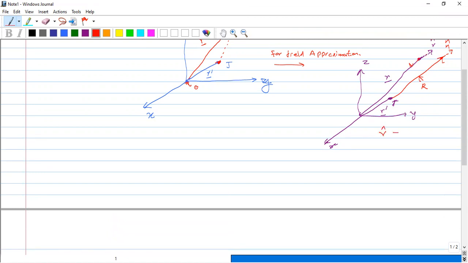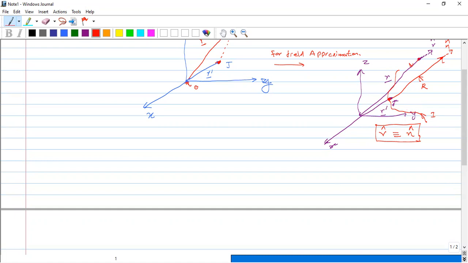R hat is completely equal to n hat. So this is the far field approximation. Also, we have considered a line current here. This is a line, any line, and the current is flowing through this line.